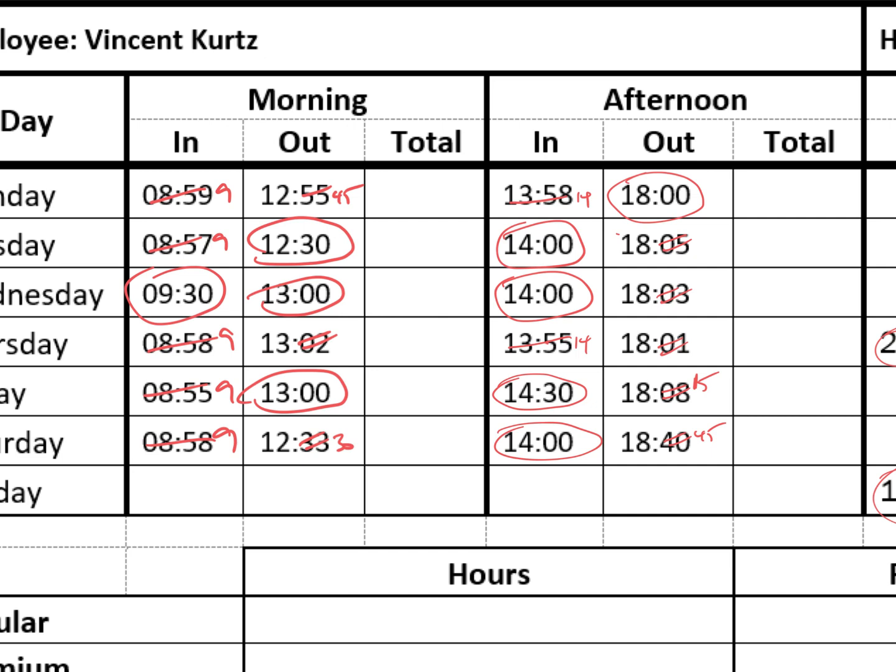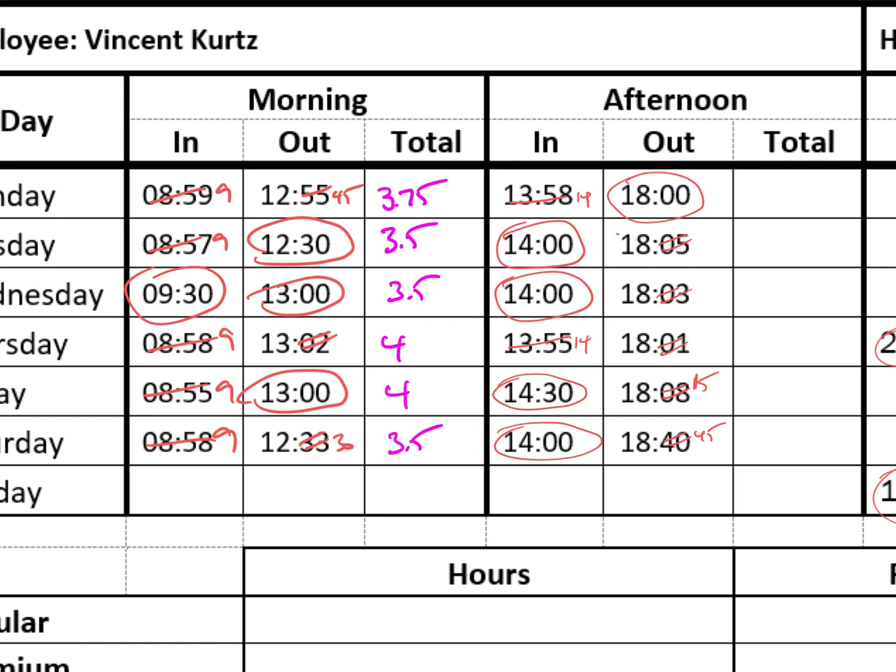Now we'll calculate these times. So if he works from 9 to 12:45, that's 3.75 hours. 9 to 12:30 is 3.5 hours. 9:30 to 1300 is 3.5 hours. 9 to 1300 is 4. 9 to 1300 is 4. 9 to 12:30 is 3.5.